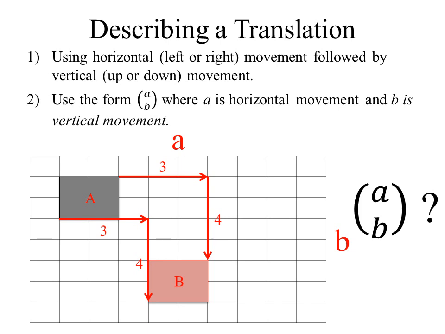B, remember, is the vertical movement, up or down. And our object is moving down, which makes it negative. What do you think that should be?